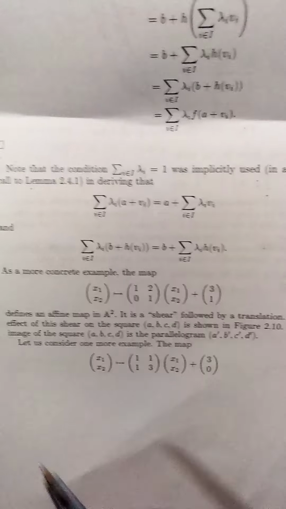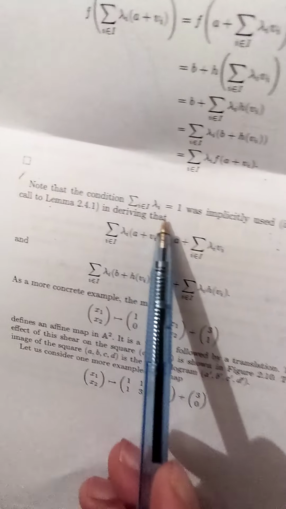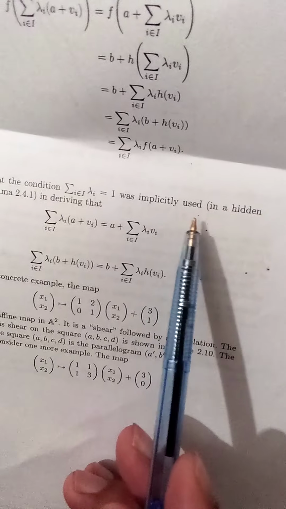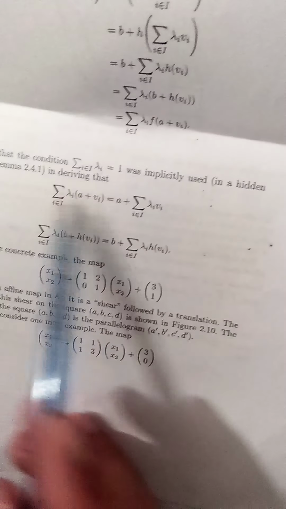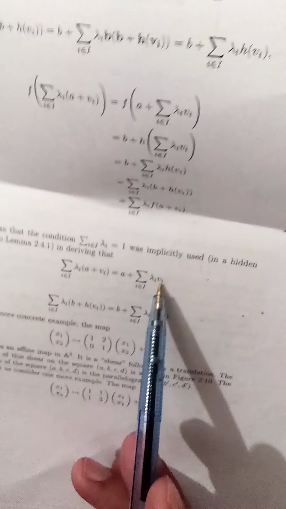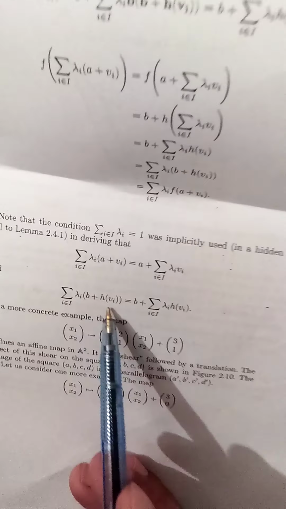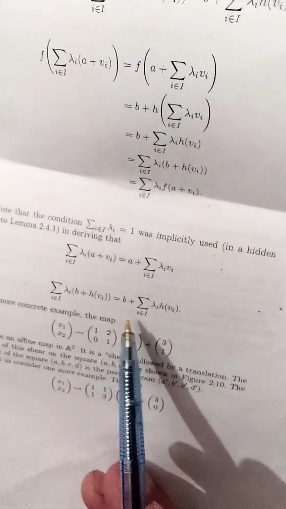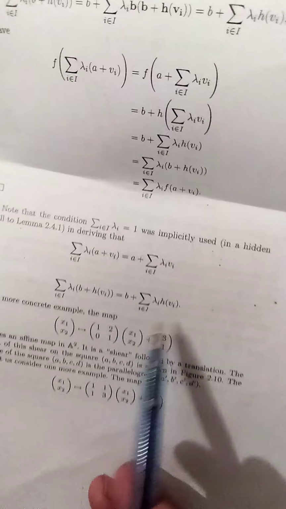This is the required relation of an affine map. Note that the condition summation lambda_i equal to 1 is implicitly used in the call to the previous lemma, in deriving that summation lambda_i (a plus v_i) is a plus summation lambda_i v_i and summation lambda_i (b plus h of v_i) is b plus summation lambda_i h of v_i.